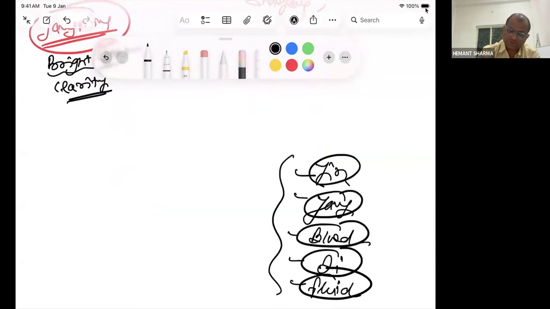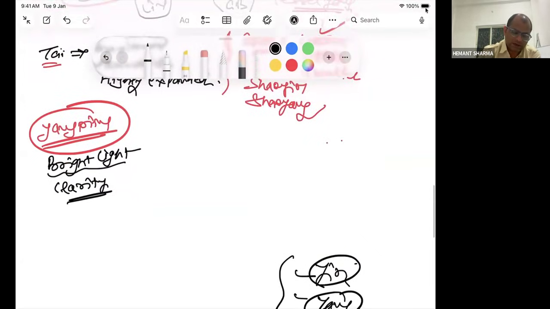We already have seen maximum yang, maximum yin. Now when we come to the yang ming, Li and St, large intestine and stomach channel. Large intestine is upper yang ming and stomach is the lower yang ming.